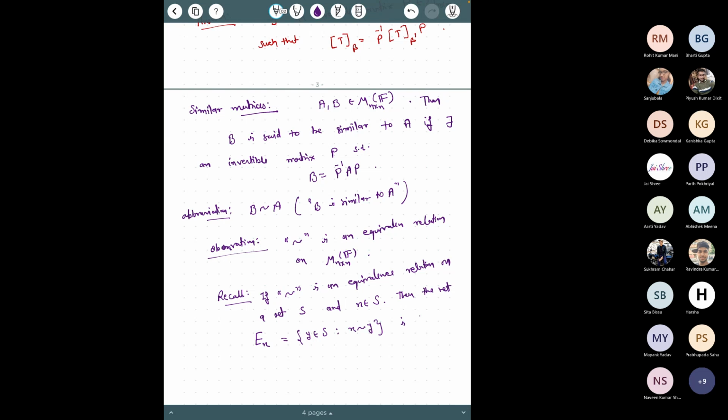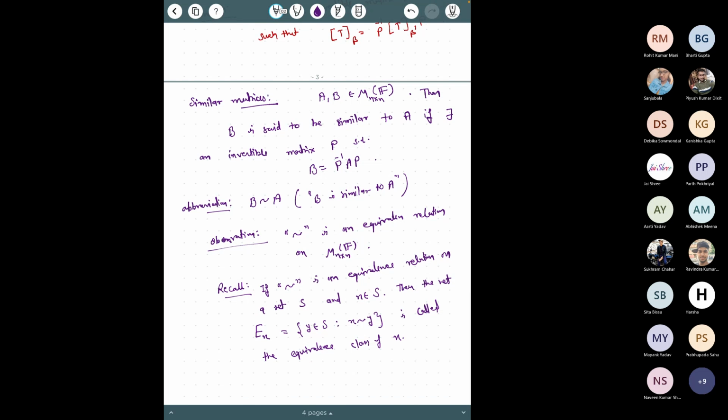This set is called the equivalence class of X. Similarly, for every element we can define this equivalence class.